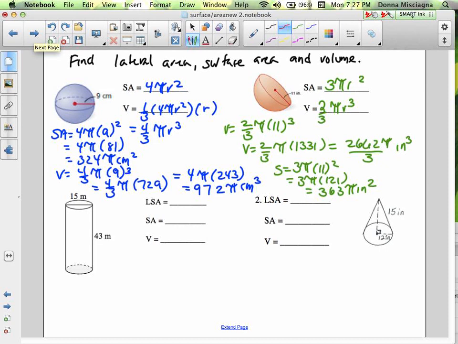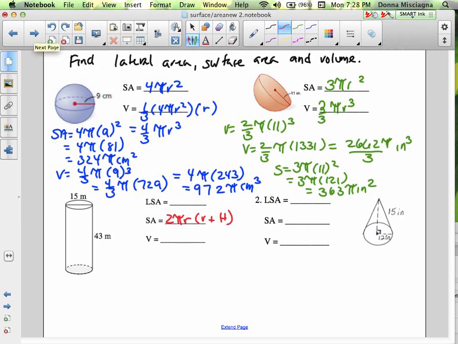Last but not least, the cylinder. Right? So let's do the surface area first. The surface area is going to be the area of the two bases. So that would, and actually let's use our factored formula. That would be 2 pi r, factors out, and it leaves an r plus an h.